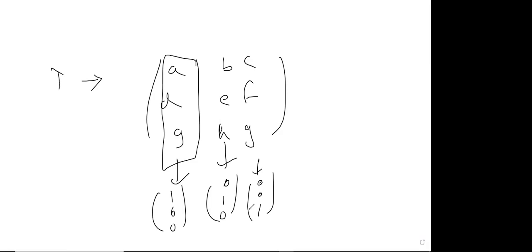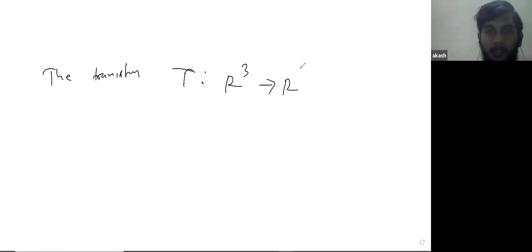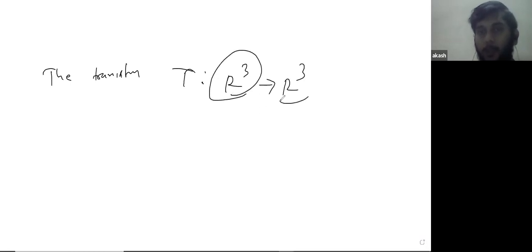Okay, so coming to the next question. The question says the transformation T transforms R3. This means a point in 3 dimension to a point in 3 dimension. T is a transformation matrix which transforms a point in 3 dimension to a point in 3 dimension.